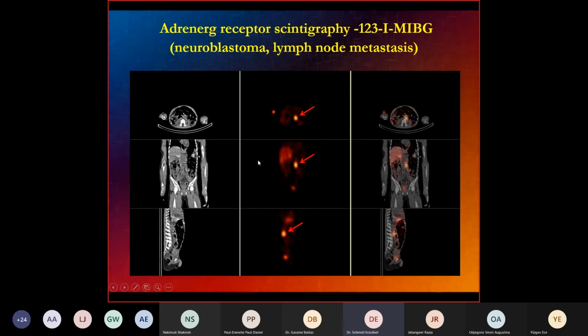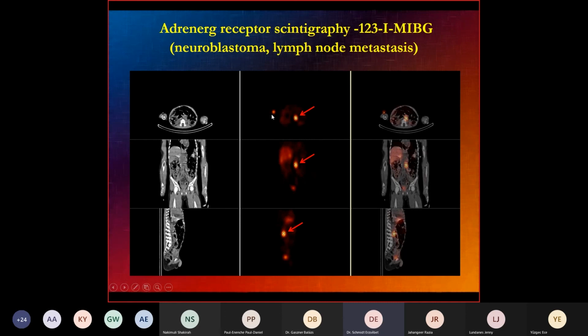On the SPECT CT scan, we can see pathological accumulation in the left para-aortic region and an enlarged lymph node metastasis, confirming the metastatic disease.